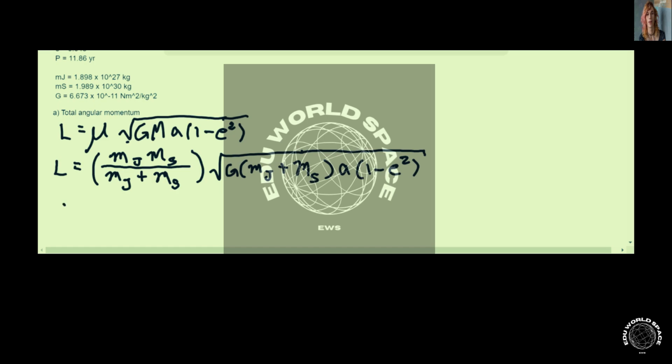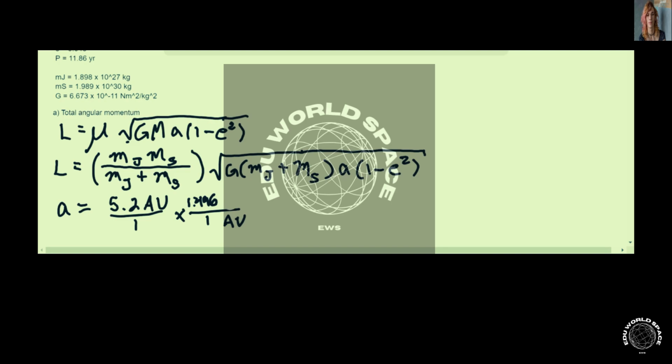So the A, which is currently 5.2 AU, in order to convert that into meters, we need to know that 1 AU is equivalent to 1.496 times 10 to the 11th meters.